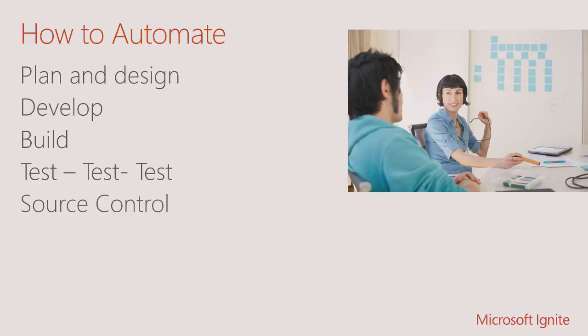Source control. Who's used source control in the crowd? Not enough people, probably about half of the people. So it's nothing new. Developers have been doing it for years. You'll hear people talk about it in any DevOps sessions you go to. So if I explain it in a basic method, if I have a PowerShell script, I can write that PowerShell script to source control, and that becomes version 1 if I check it in.